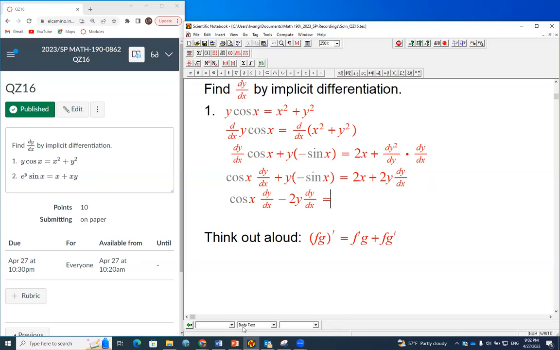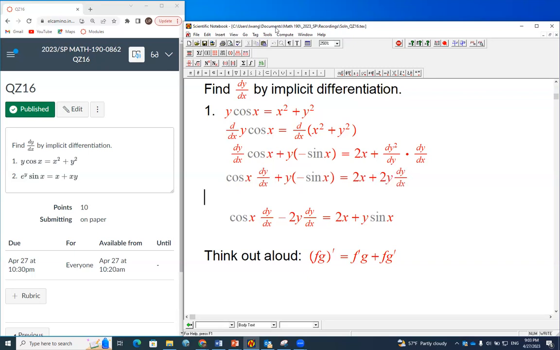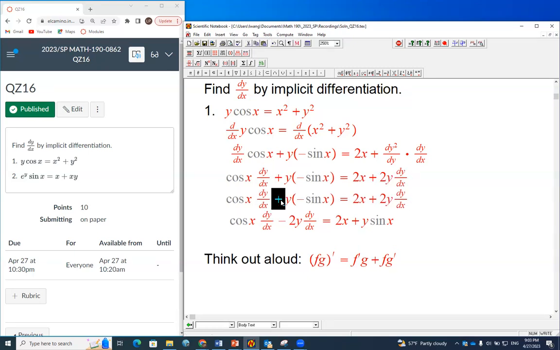On the other side, we have 2x left, and because here we have a negative y times sine x, we're going to add y times sine x. So for you to see better, let me rewrite this line. This piece becomes subtracting y times sine x, so that's how we add y times sine x.